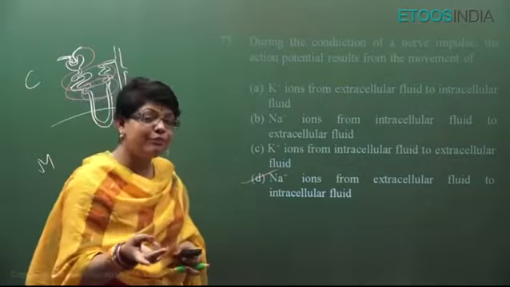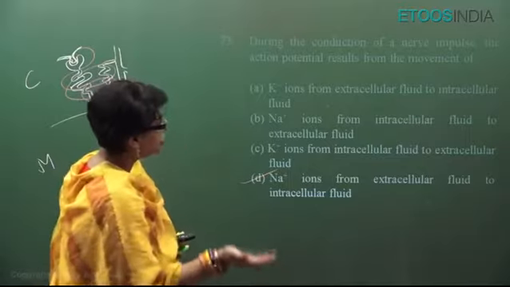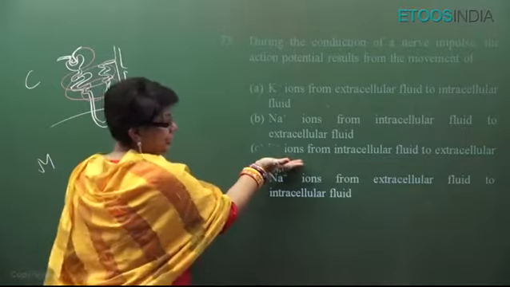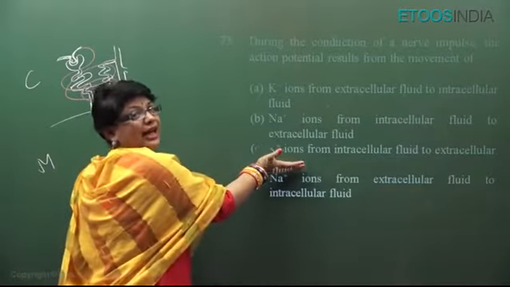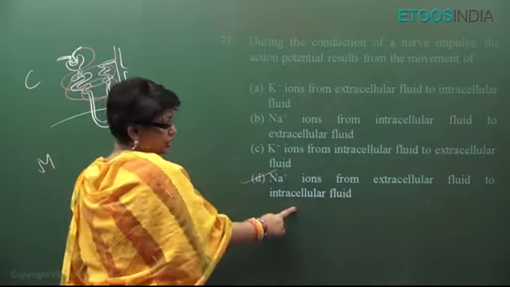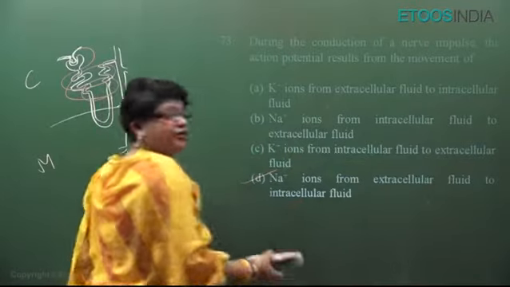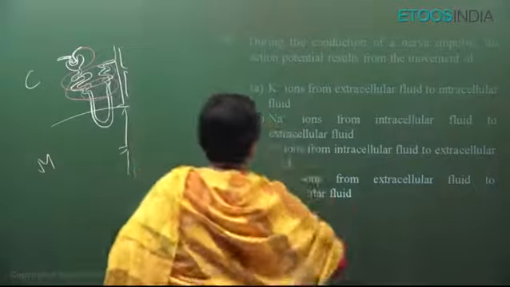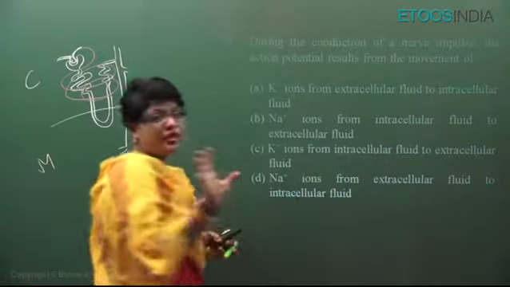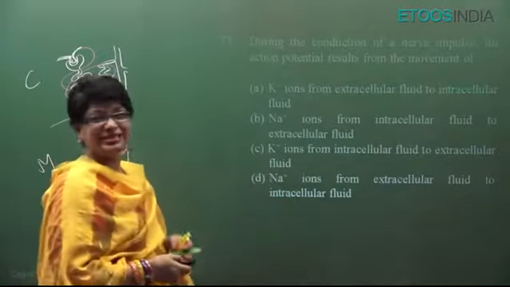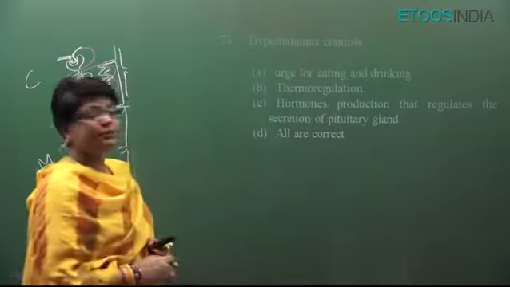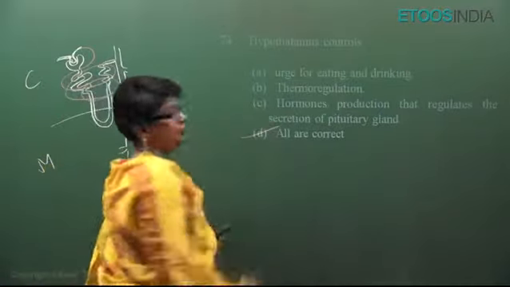What causes repolarization? When potassium moves from inside the cell to outside. This is repolarization. This is depolarization. And resting stage is maintained because of sodium potassium pump. So this is a very, very important topic. Answer is D.